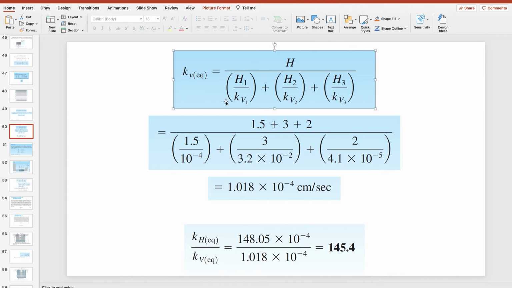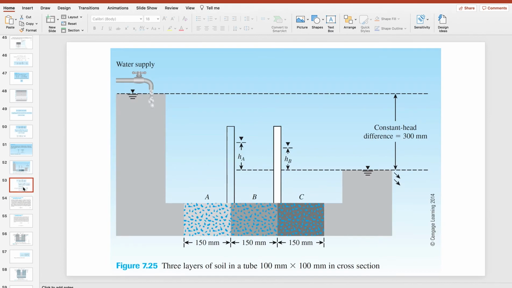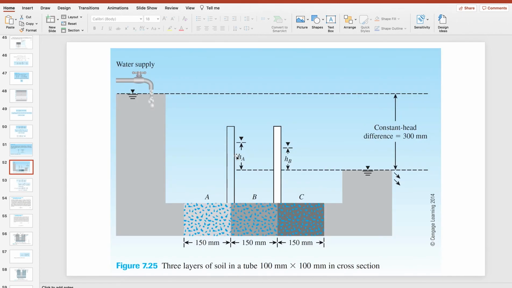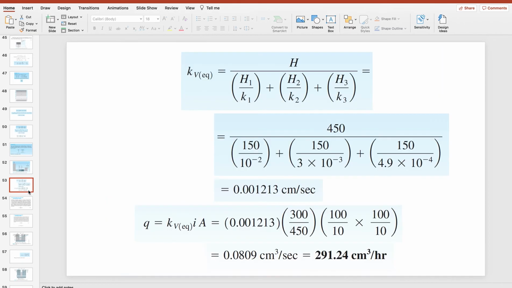Okay? So, copy this equation. And we will be using that equation for this. Okay? So kV is equivalent to H. What is the total H? 150, 150, 150. So that's 450 mm.